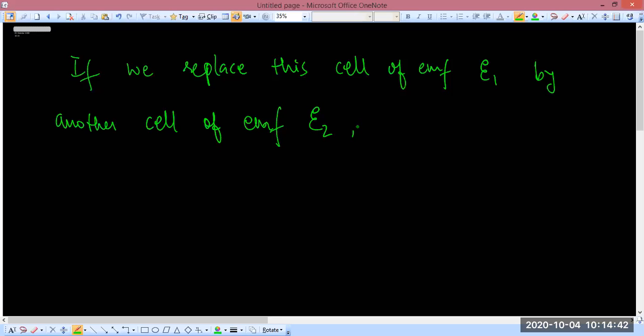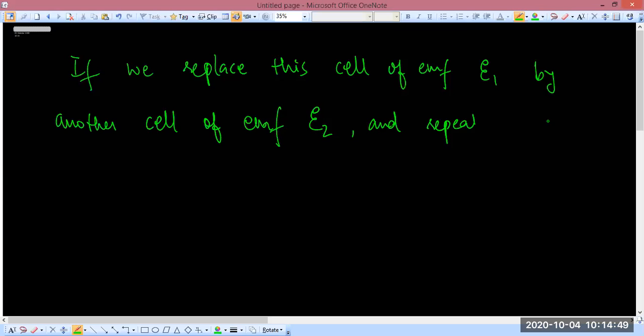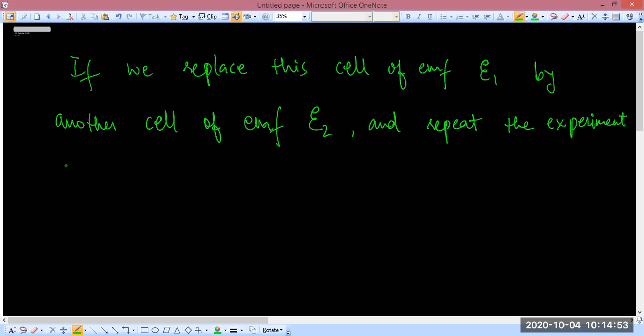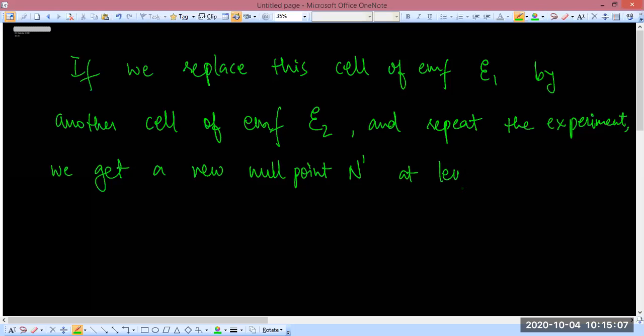Suppose we replace this by another cell and repeat the experiment, we get a new null point N dash at length L2 from A. L2 or L dash, whatever you want to write. I prefer L2 frankly.